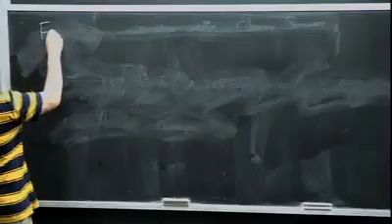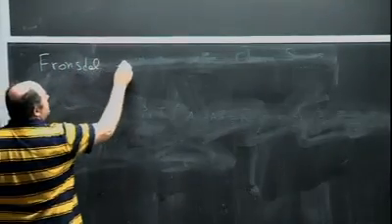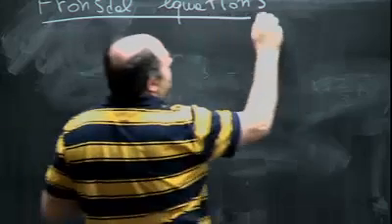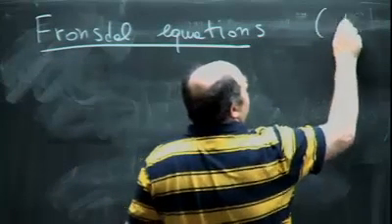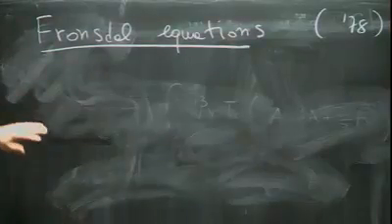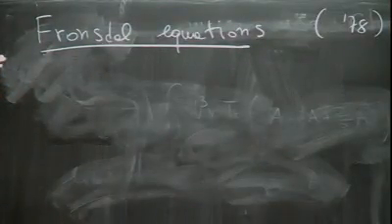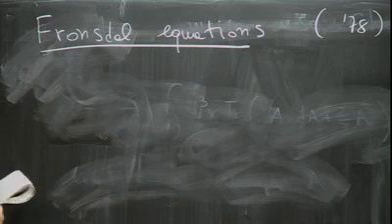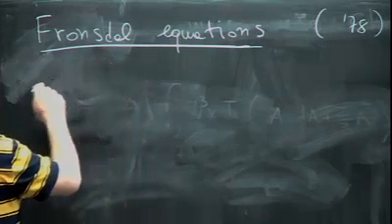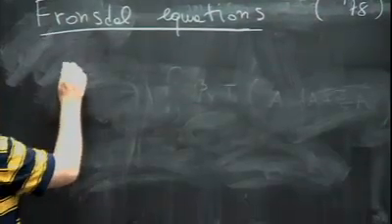First we want to briefly review the Fronsdal equations I mentioned in the first lecture. These are off-shell gauge invariant equations of motion just for free higher spin fields. We will start with flat space, and then we'll try to see what happens in curved space.